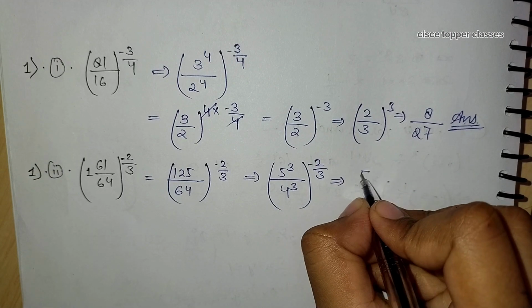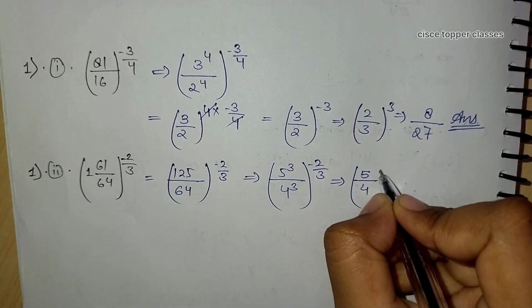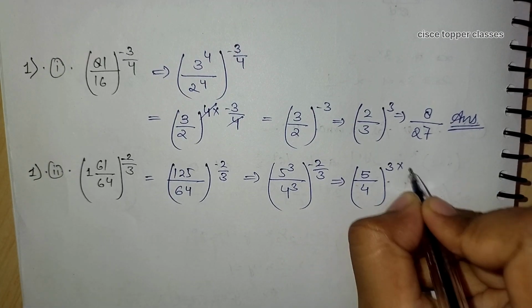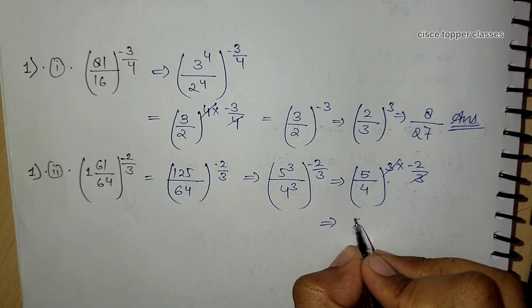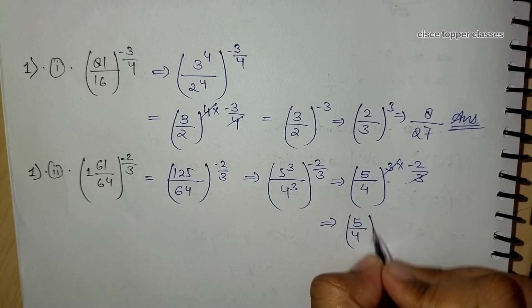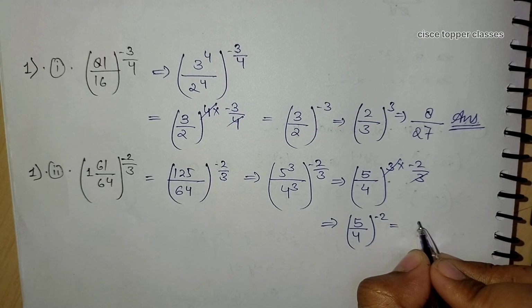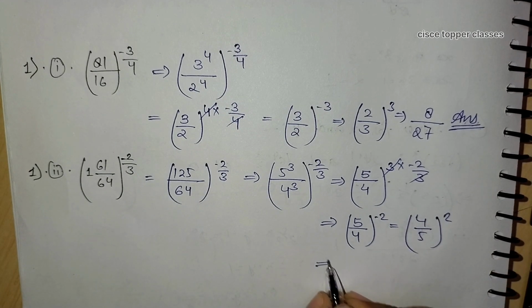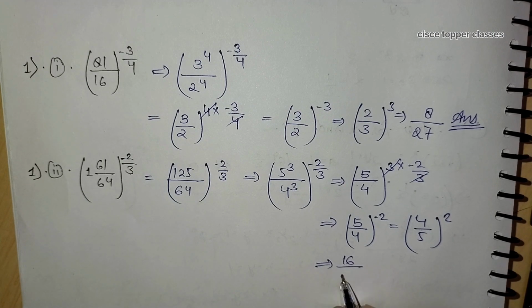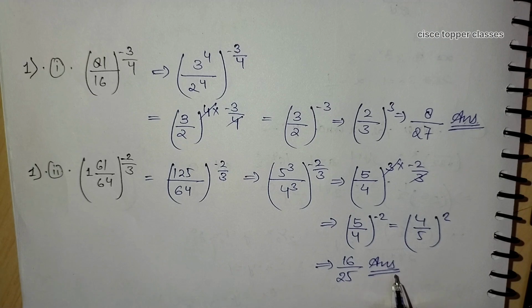So simply we can write as (5/4)^(3 × -2/3). This will be cancelled out and here we will get (5/4)^(-2). Simplifying it, we can write this as (4/5)^2 and we can solve it. 4 into 4 is 16 and 5 into 5 is 25. So this is the answer of this question here.